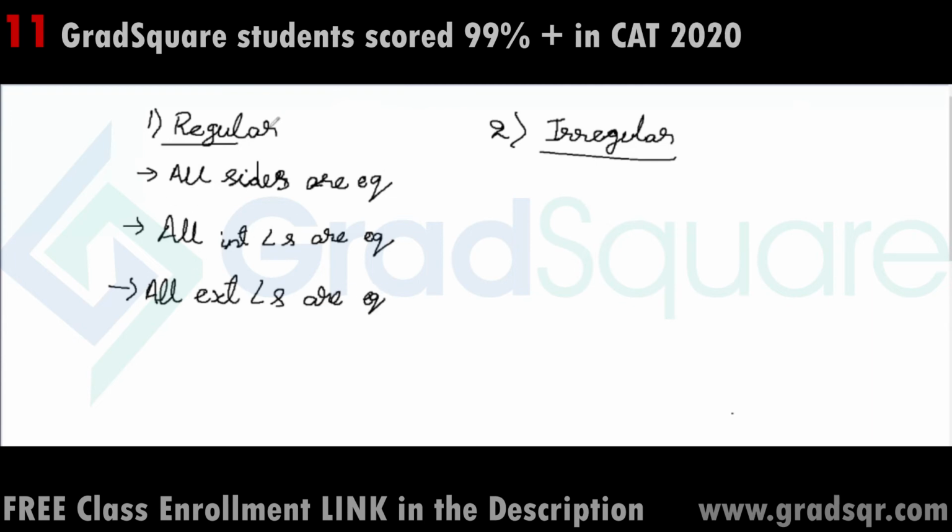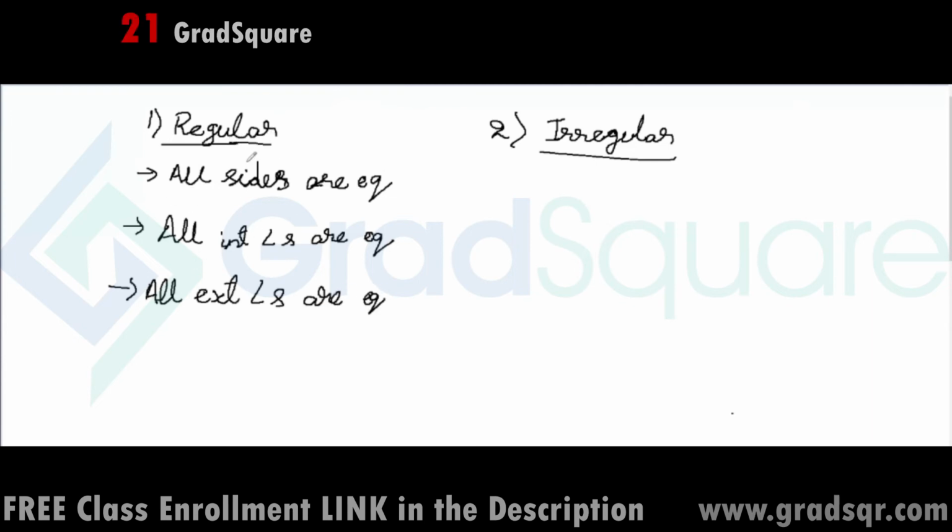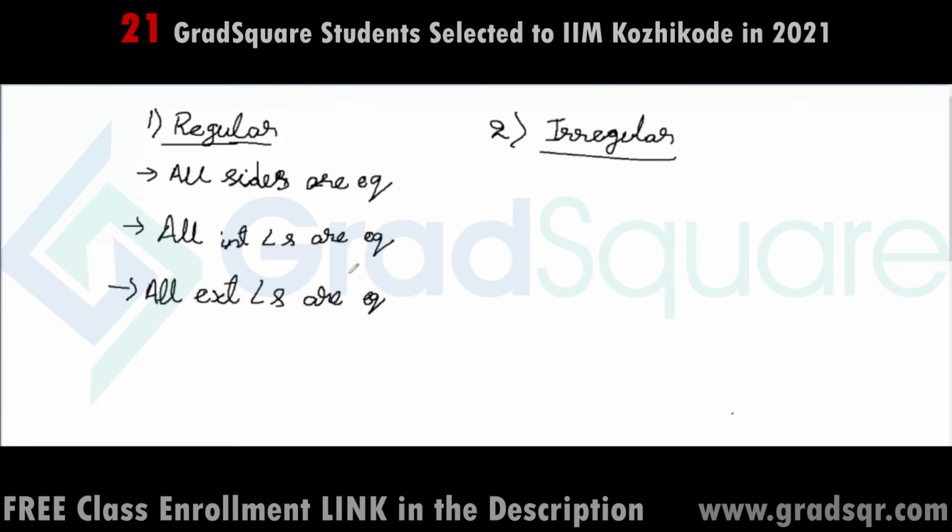So when these three are satisfied, then the polygon becomes a regular polygon. Even when a single one of these is not satisfied, then it becomes an irregular polygon.